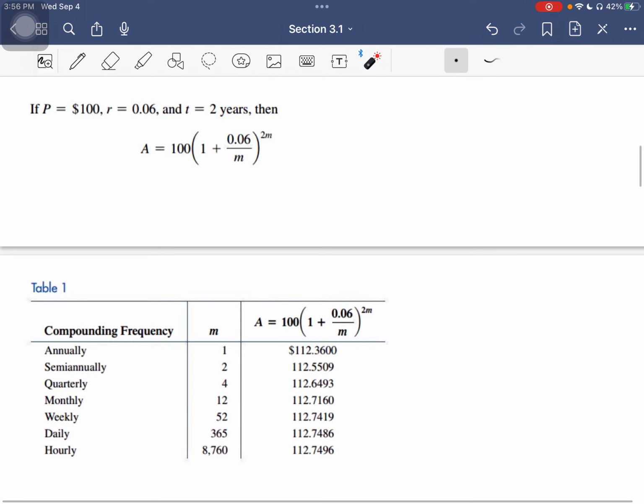Now plugging in different values for M into this formula, we see that as M gets bigger and bigger, our A values get closer and closer to roughly 112.75.